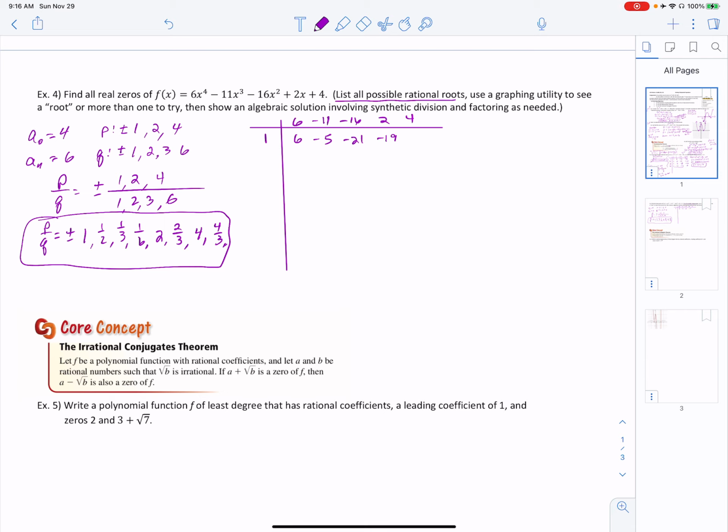Times 1 is -19, and 4 is -15. So that didn't work. If I try -1, bring down the 6, -6 and -11 is -17. -1 times -17 is 17, and -16 is 1. Times -1 is -1, plus 2 is 1. -1 and 4 is 3.